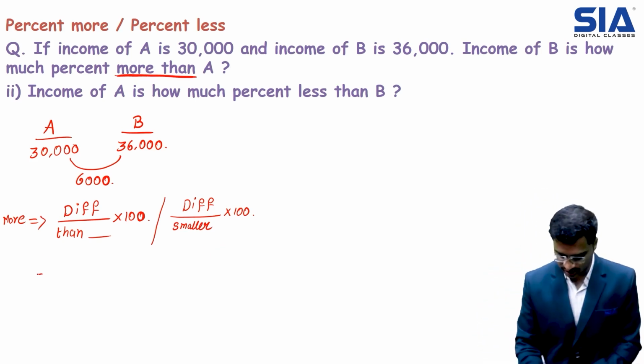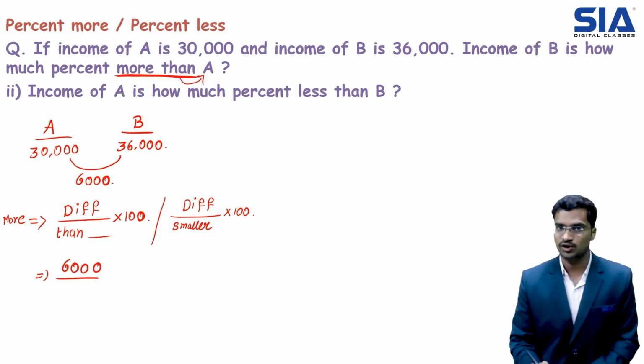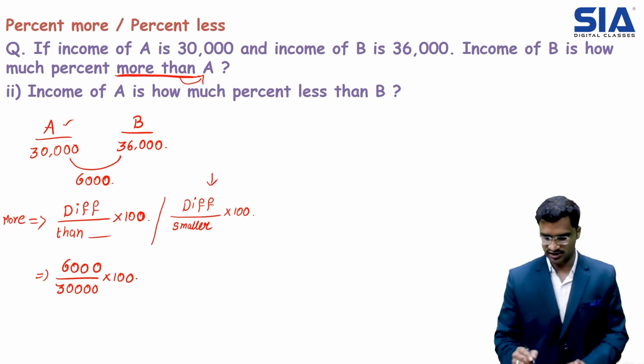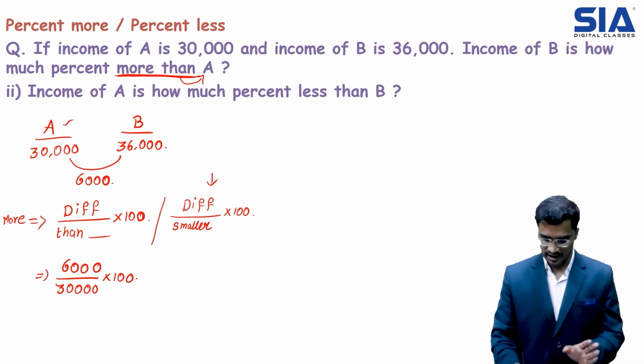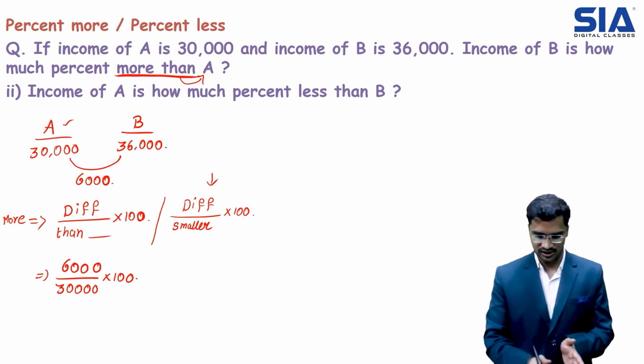Let us substitute here. The difference here is 6,000 divided by the value after than, which is A. So the value of A is 30,000, into 100. Substituting the same difference 6,000, the smaller value between 30,000 and 36,000 is 30,000.